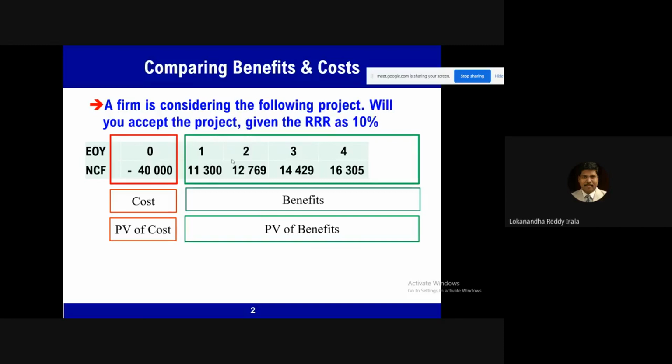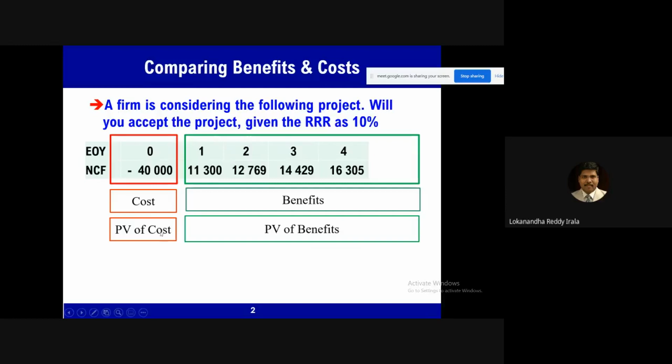The benefits are spread over different time periods, so you will have to take all the benefits to a neutral point. If you calculate the present value of these benefits, you are bringing the worth of all these benefits, which are spread over 4 years, to their year-0 equivalent.